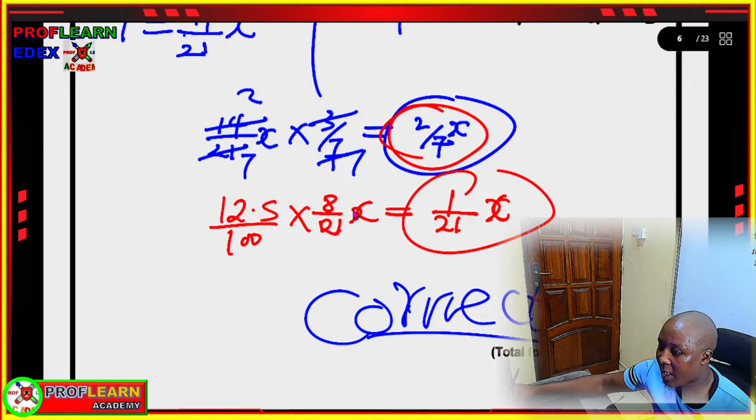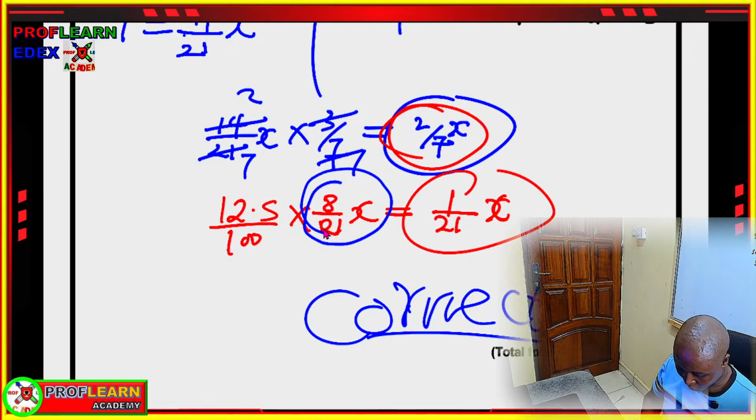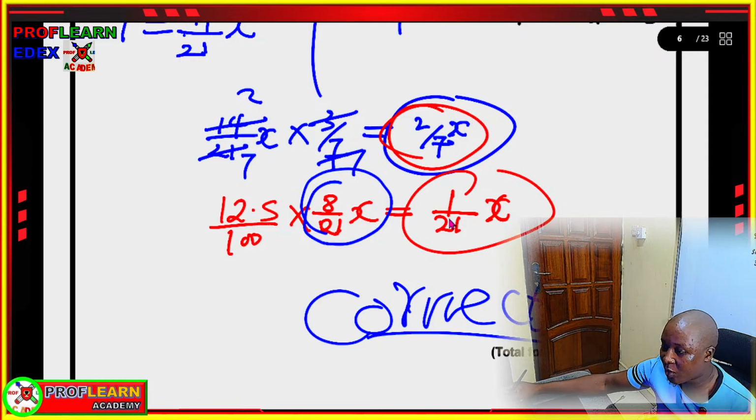Having that, if this is what was remaining with Tina, that is 8 over 21, and if he gives 1 over 21 to that, Tina is going to remain with 8 over 21 x minus 1 over 21 of x.